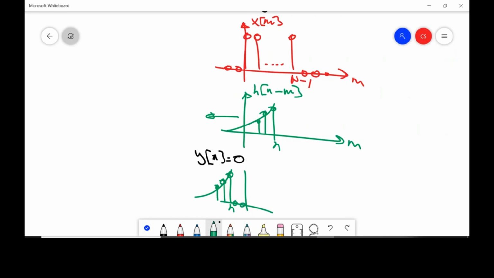This is n, and always remember to label your axis, right? This is h of n minus m. So if my kernel moves to a location where there is no intersection between this one and this one, then the output will be zero.